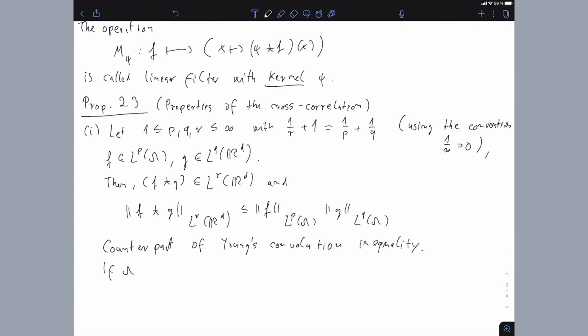Some more rather simple things. Let's say that also our f is given on all of R^d. Then we have that the correlation of f with g at position x is g correlated with f at position minus x.